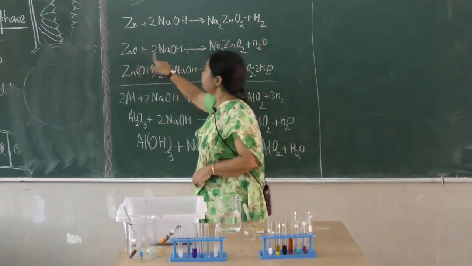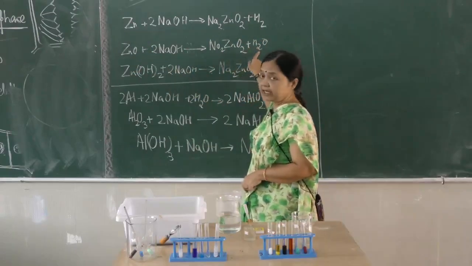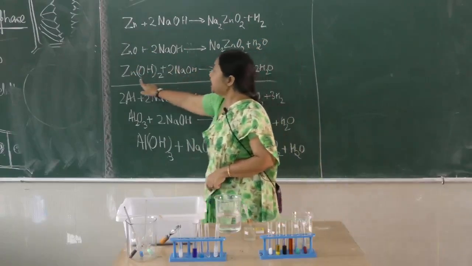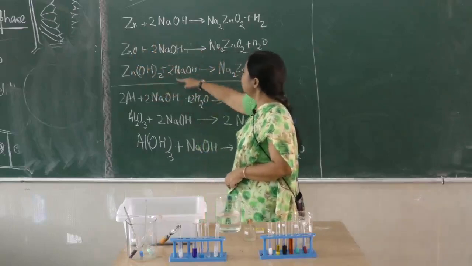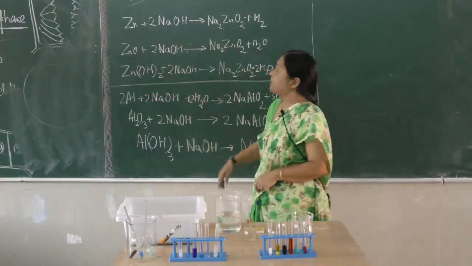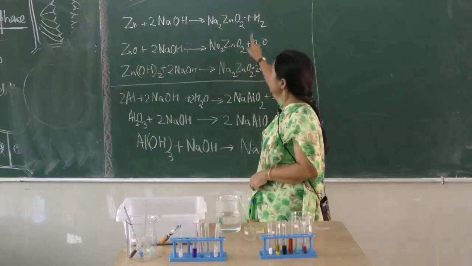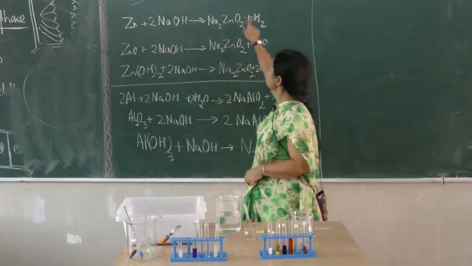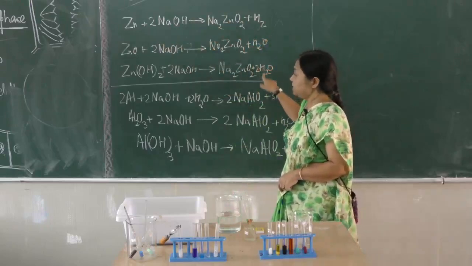Zinc oxide will form the same Na2ZnO2, but the other product is water. Zinc hydroxide, zinc oxide, all of them will react with sodium hydroxide to give sodium zincate, and if it is only zinc, then it will displace hydrogen, otherwise water is the other product.